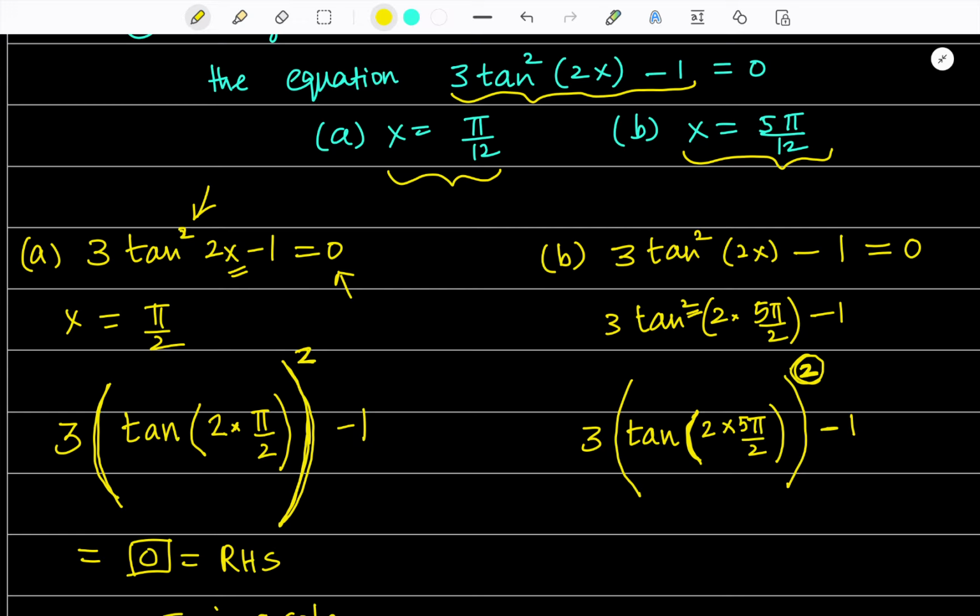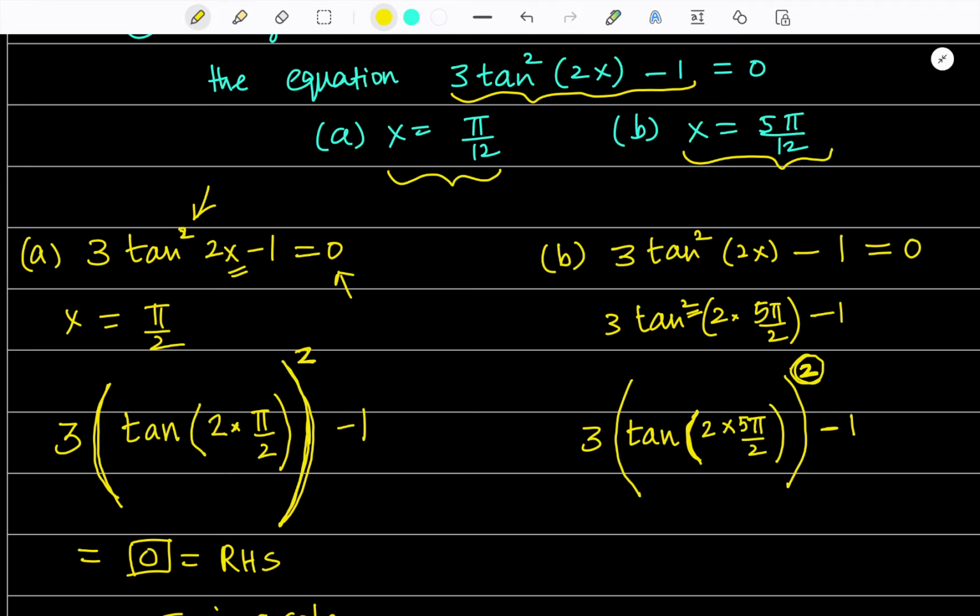It is 5 pi by 2, and then bracket close, then again bracket close, and then square, and then arrow down, minus 1. Press equal. I'm getting 3 tan square 2 times 5 pi by 2 the whole square minus 1. I'm getting minus 1.